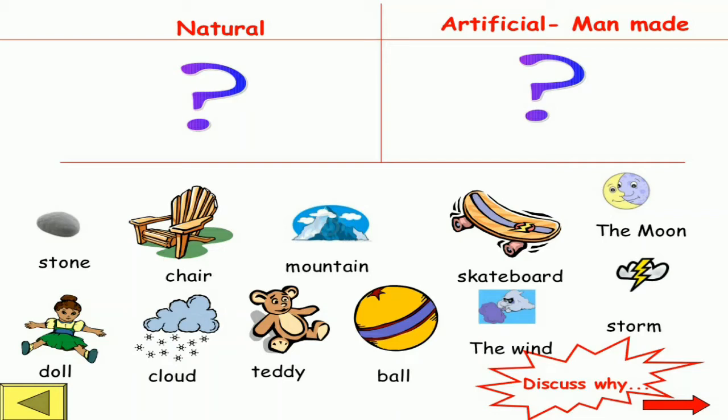The natural things are the moon, storm, mountain, cloud, and stones. These are examples of natural things because they are not man-made, and artificial or man-made things means they are made by man. These are the dolls, chair, teddy, ball, skateboard. These are examples of non-living things or man-made things.